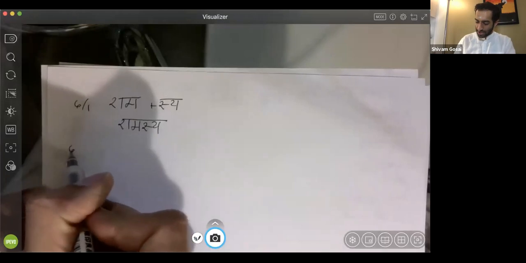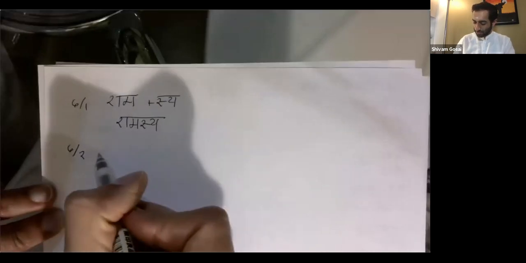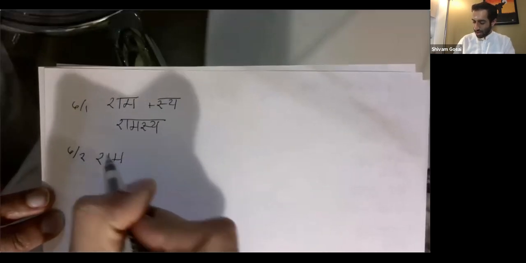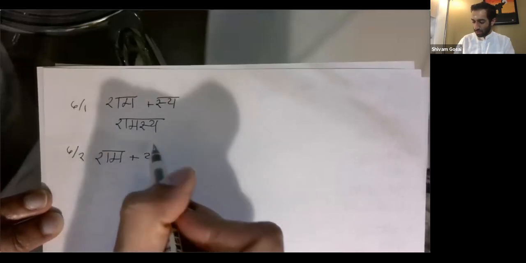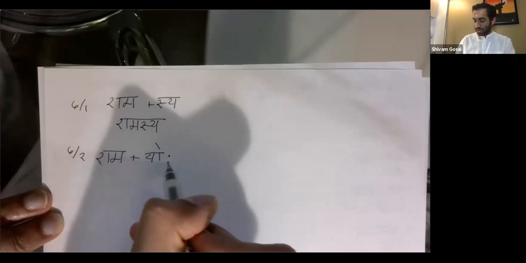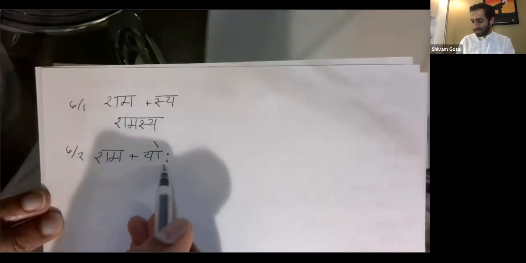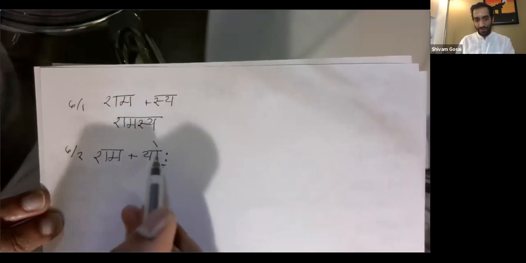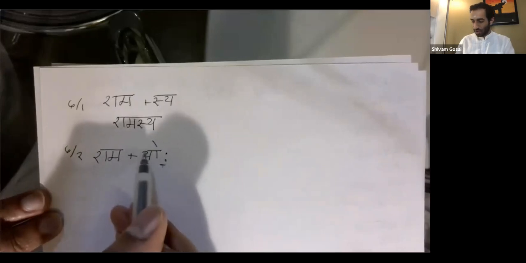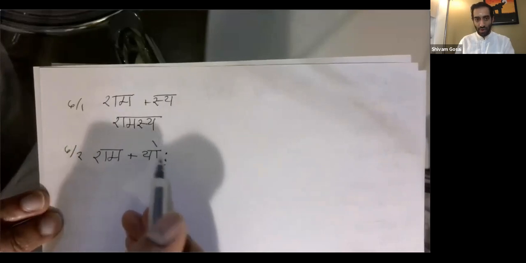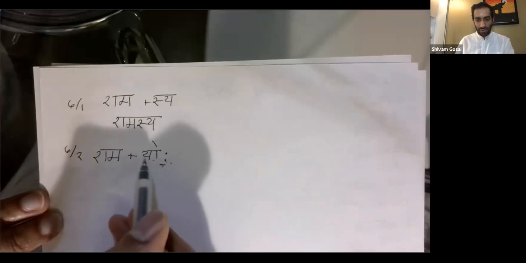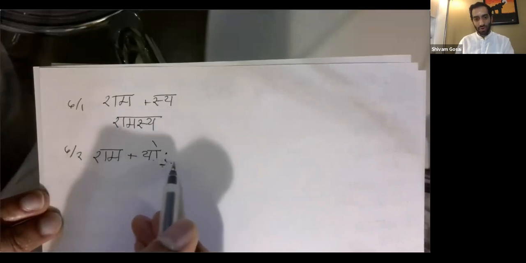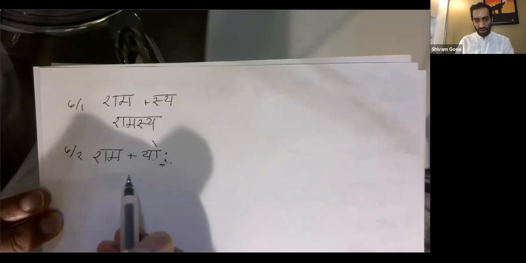When we want to make 6-2, Rama plus yoho. Okay, so notice how the visarga here matches the sound of the vowel before it. So it's o, so it becomes oho. So Rama yoho.